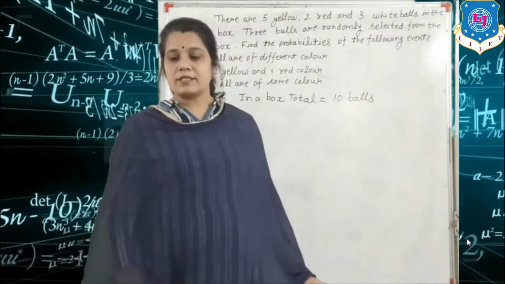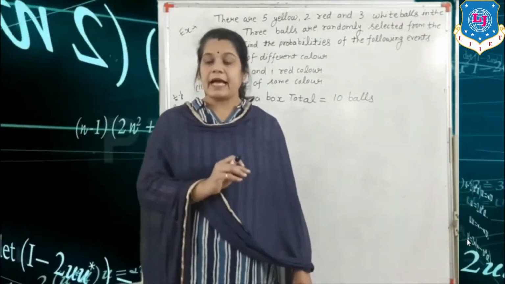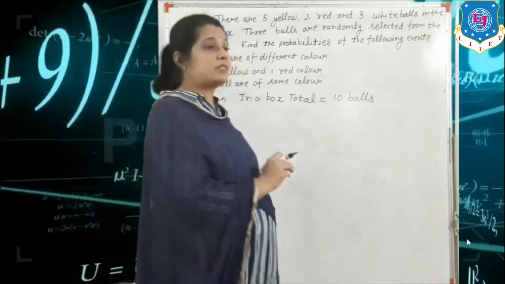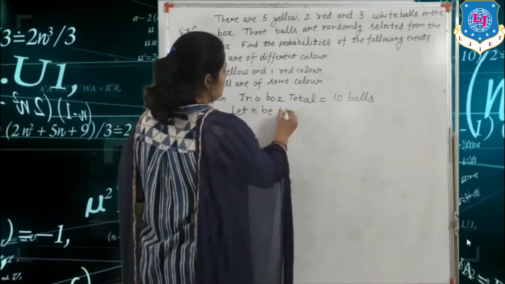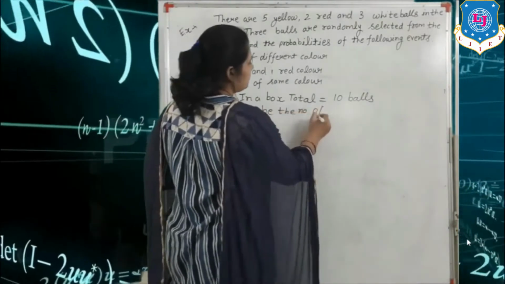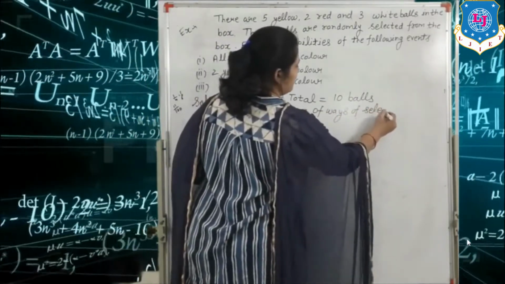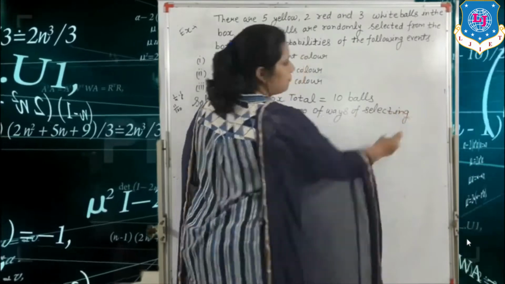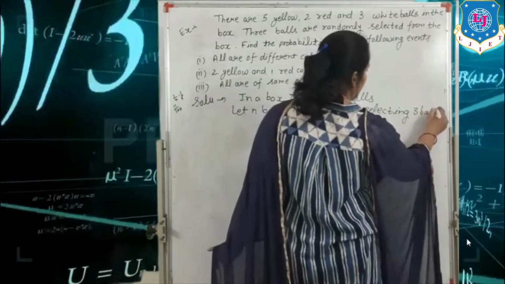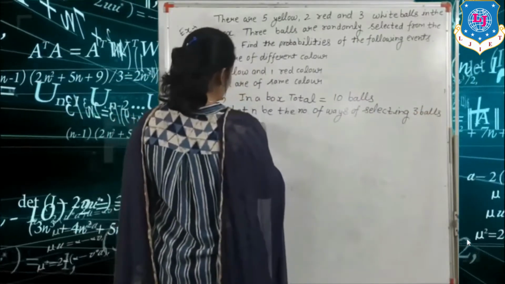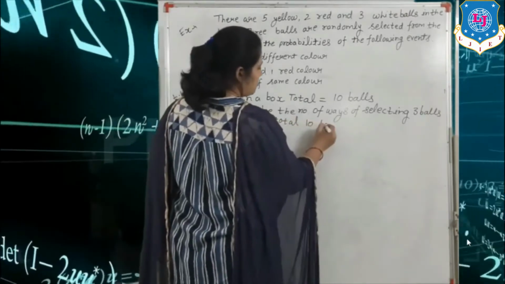In the box there are a total of 10 balls, and let small n be the number of ways of selecting 3 balls out of the total 10 balls. Got it? Out of the total 10 balls.